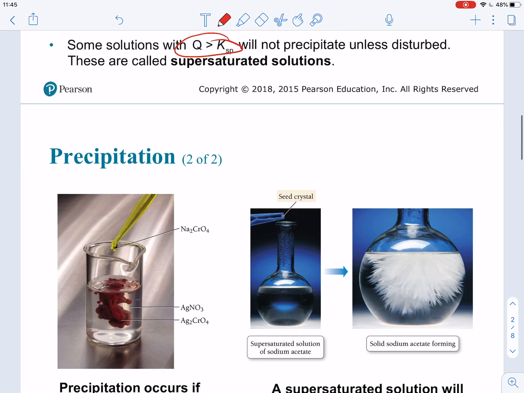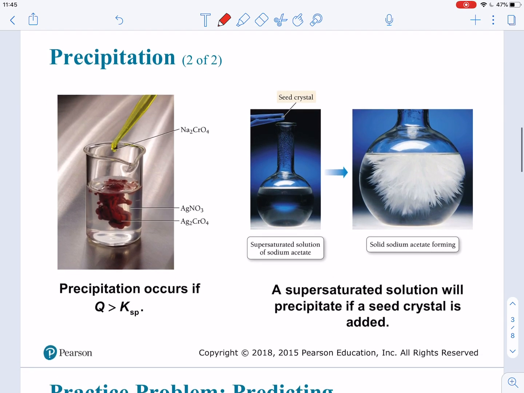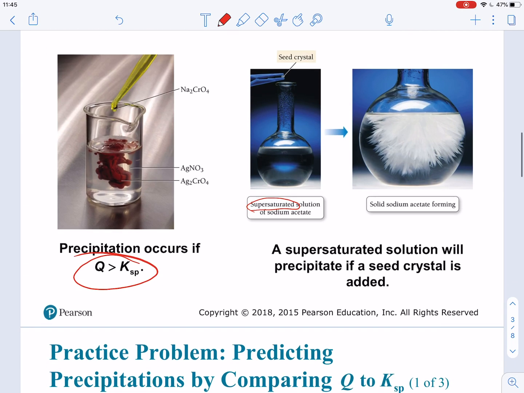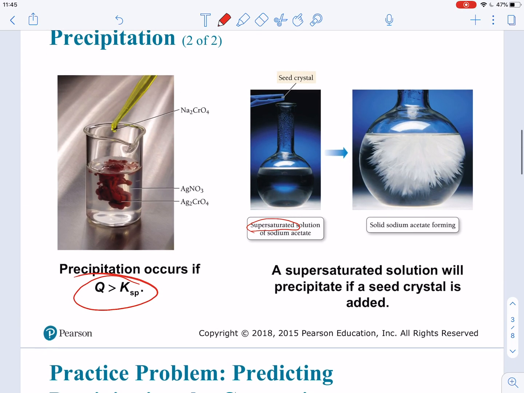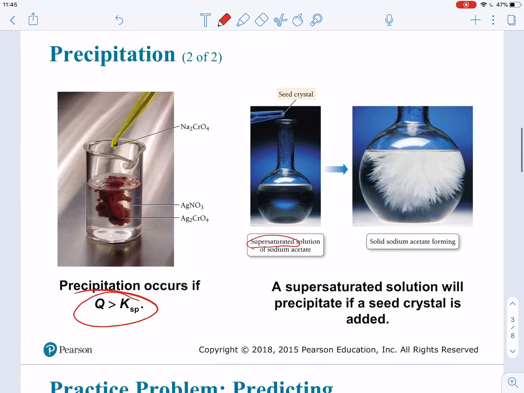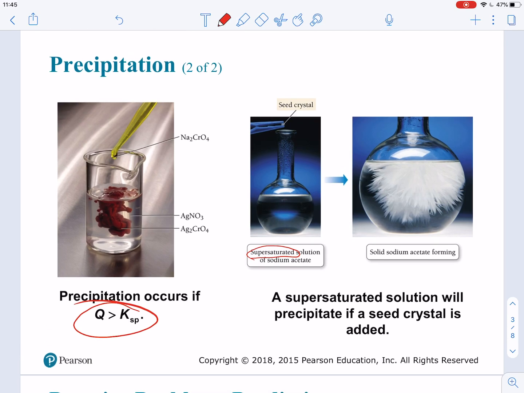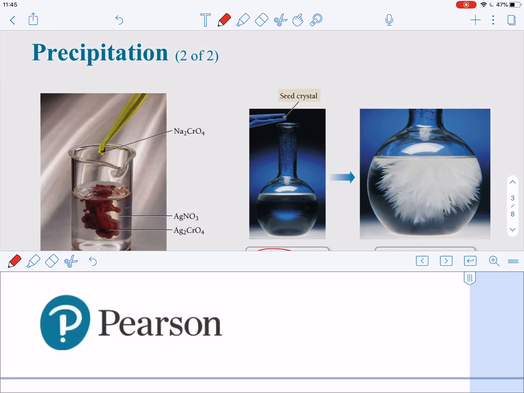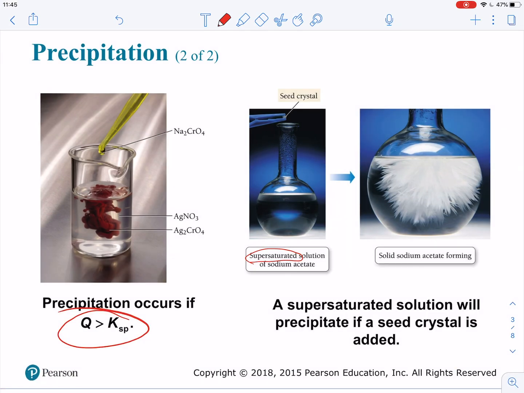So in summary, precipitation only occurs if Q is larger than KSP, unless you have a supersaturated solution, but do not worry about supersaturated solutions. If you want to learn about supersaturated solutions, you can go to YouTube and look for hot ice.